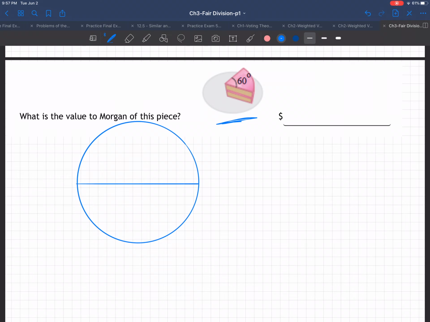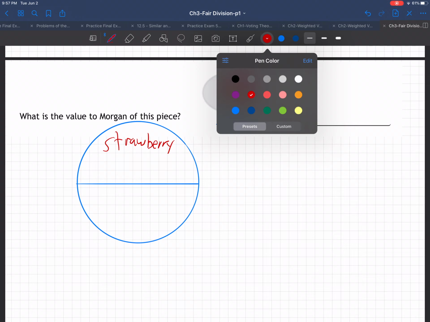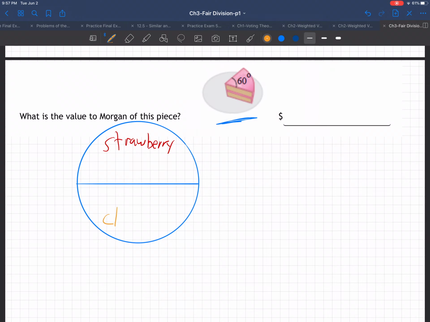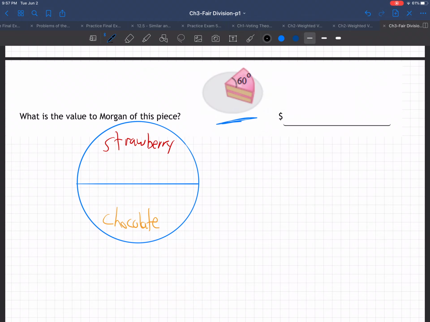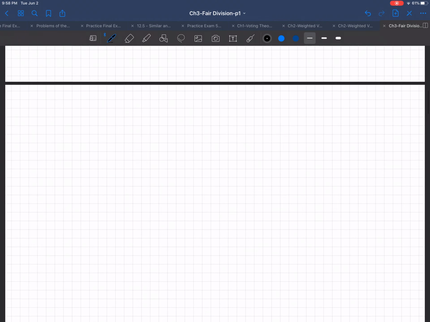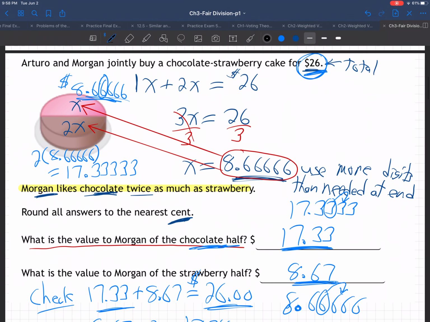So we have the strawberry half up here. So this will be the strawberry, and down below the chocolate. Okay, so now this 60-degree strawberry piece, and remember the whole strawberry half is worth 8.666, with the 6s going forever.